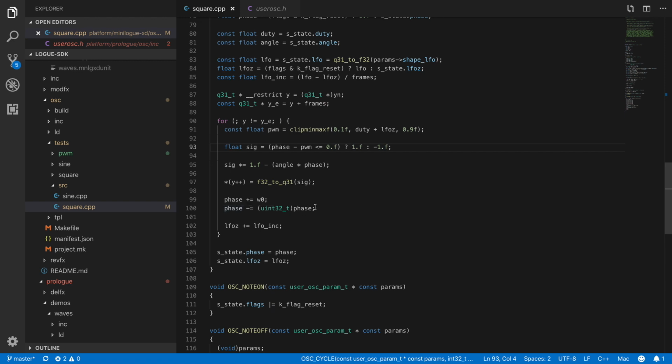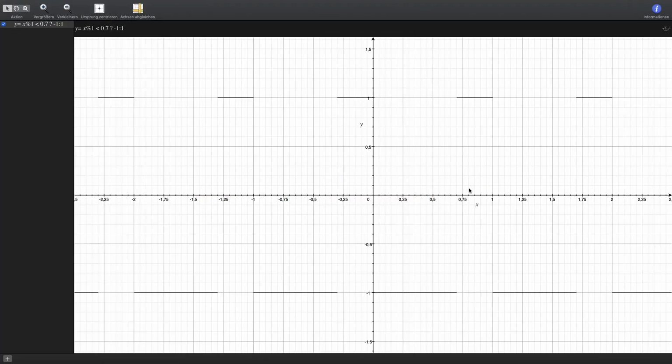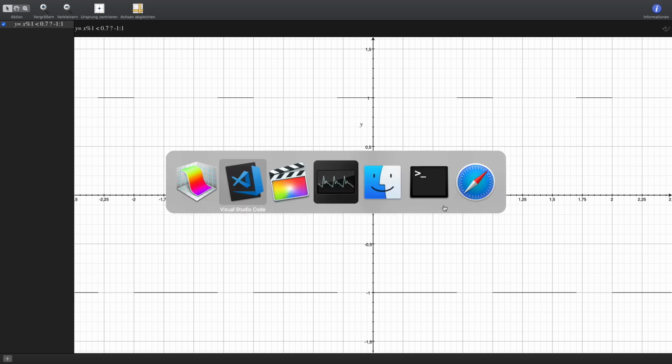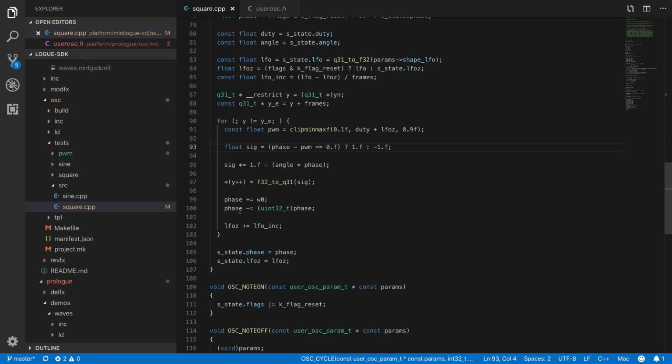So basically this whole thing means add the phase. If you're at 0.75 and you increase this by 0.5 and then you subtract 1, you get back to 0.25. So this is basically what we call modulo 1. We will never get out of that range of 0 to 1, and you need to make sure that this is the case.